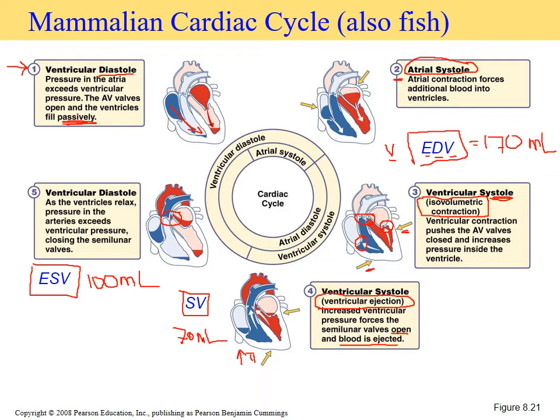Then comes ventricular diastole, the relaxing, first isovolumetric because both valves are closed, and then the AV valves open, allowing blood to once again start gushing in. This is a continuous cycle, and remember, whatever is happening on the left-hand side is happening on the right-hand side. We always want to stay balanced.